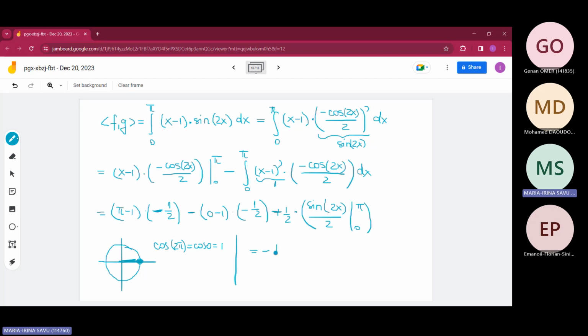So this is minus 1 over 2 times pi minus 1 plus 1, plus 1 times sine 2 pi. And this is zero, okay? So it's minus 1 over 2.